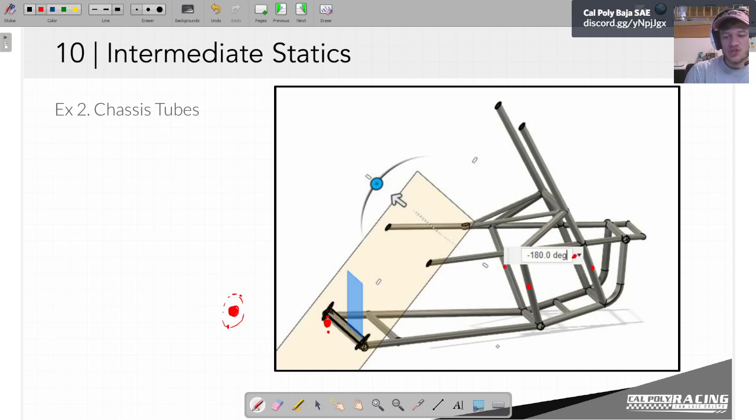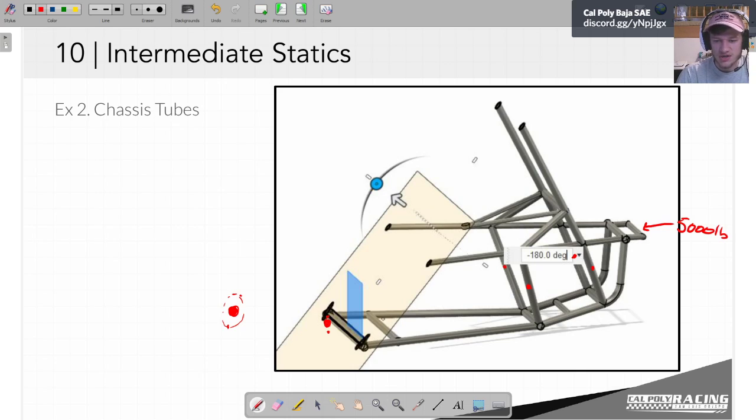But we could still solve the external equilibrium, right? We have one big force that acts, one 5,000-pound force that acts here. We solve our external equilibrium, and then we can cut this section.